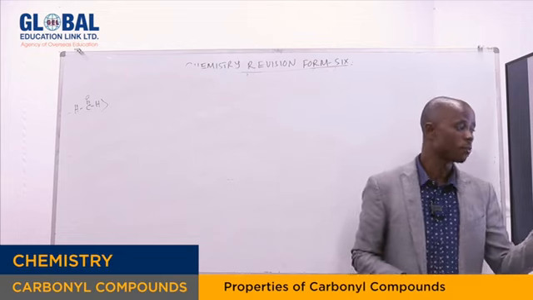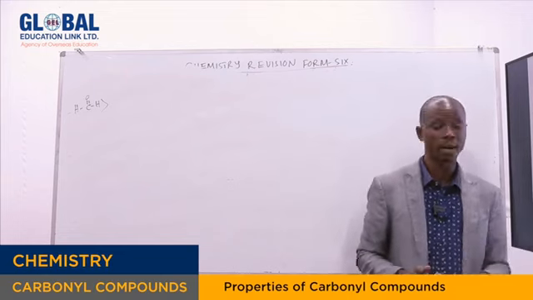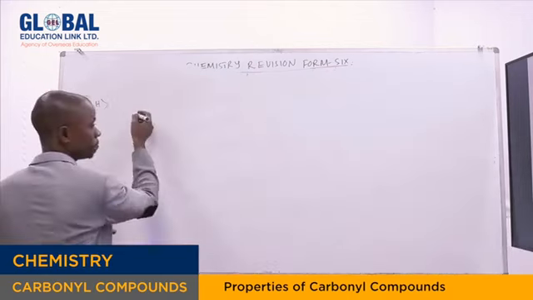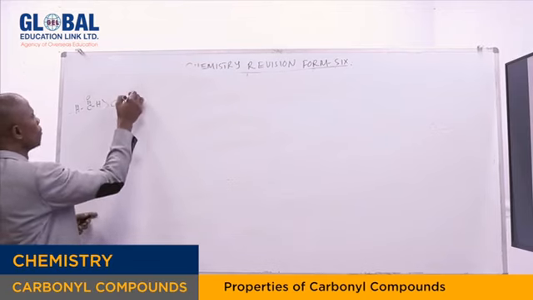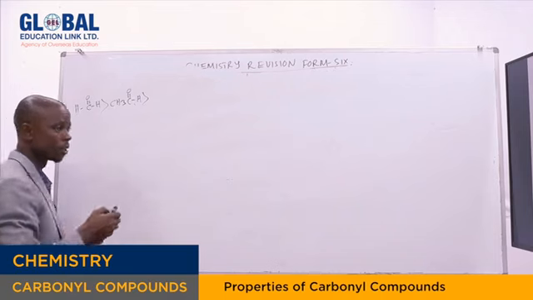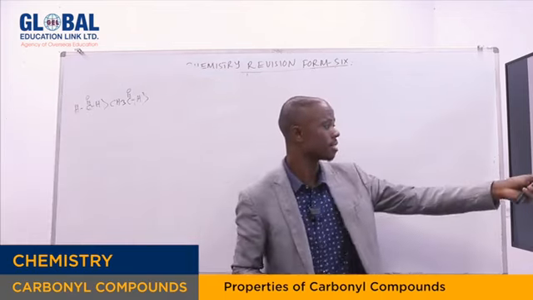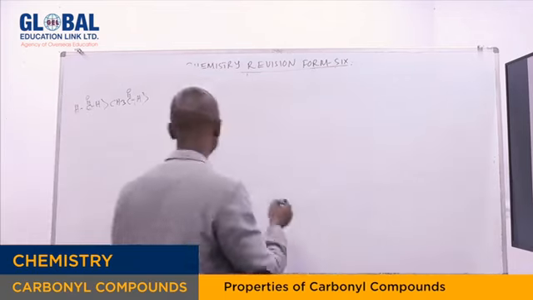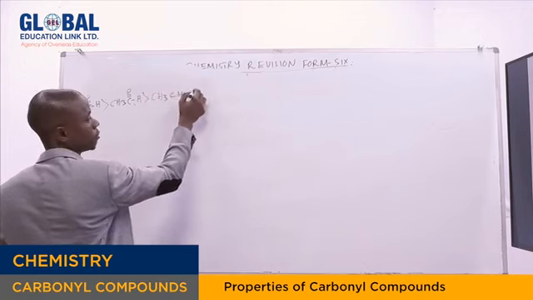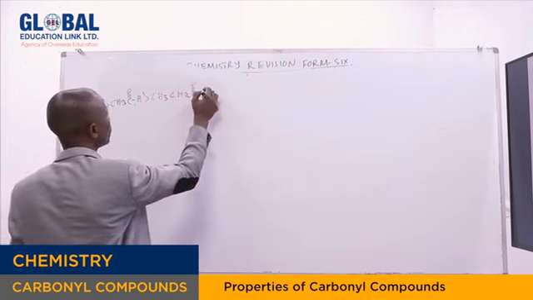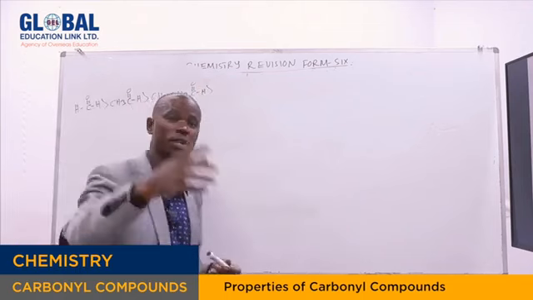So this one will be more reactive as compared to propanal. The last one is this propanal. So we write it as it is. We have finished with the aldehydes.